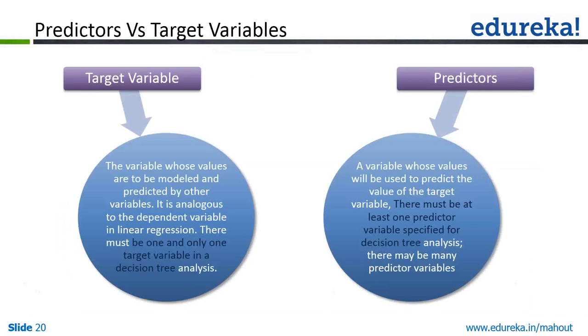Target variables are the variables that are to be modeled and predicted by other variables. In summary, the target variable is going to be your output, the variable which will be predicted by the system. And predictors are the variables whose values will be used to predict the value of the target variable.